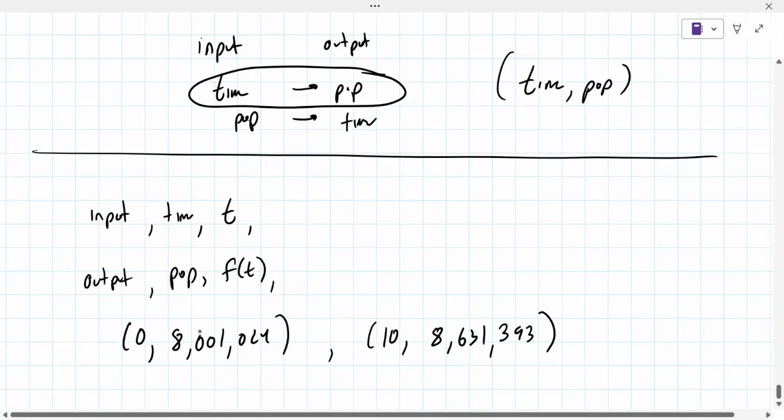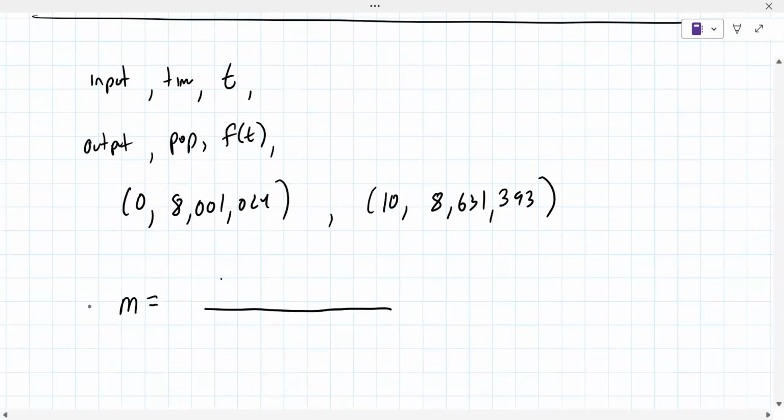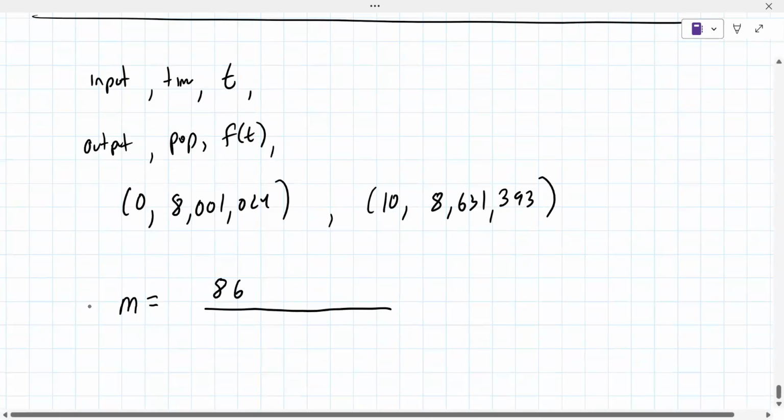All right, and so the next thing is to determine the slope. The slope is the second value there, 8,631,393 minus 8 million, over 10 minus 0.